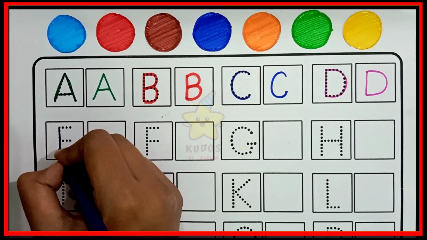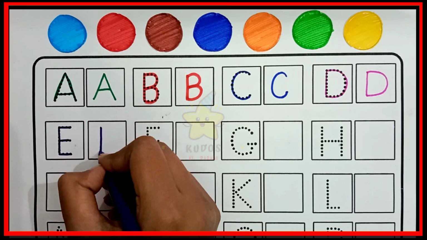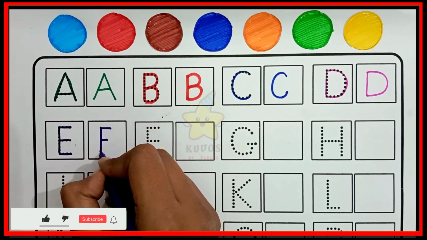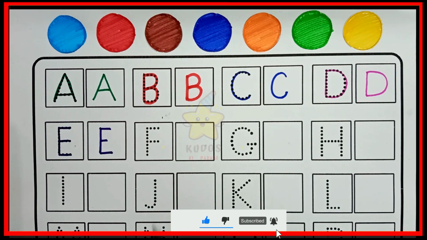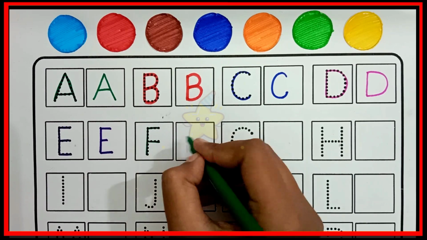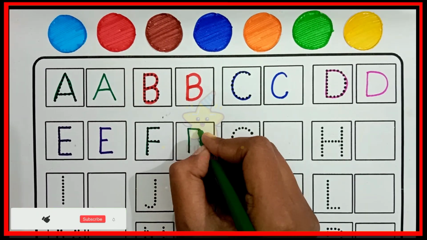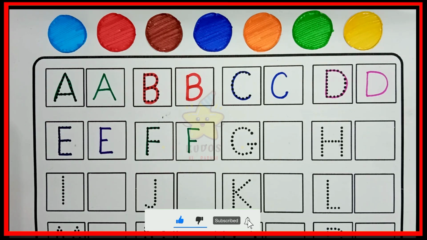Purple color, E for elephant. Green color, F for fish.